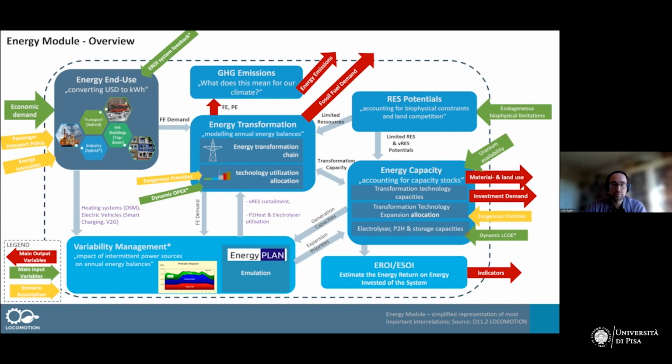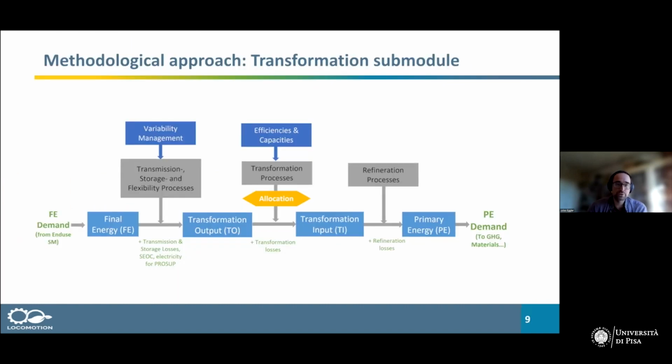So we have our own submodule where we basically emulate dispatch model results via statistical correlations on our annual energy balances. So let's go a bit more into detail into the transformation submodule.